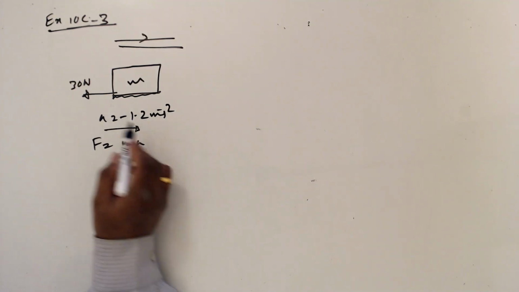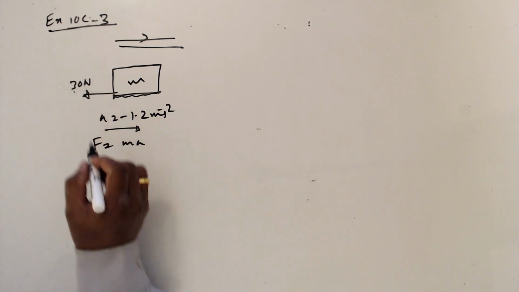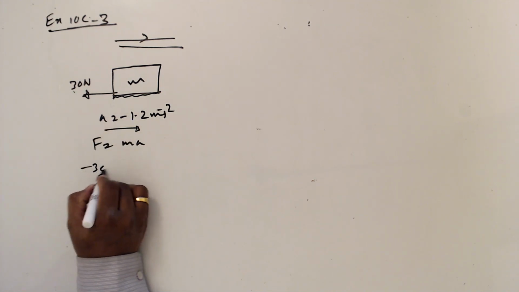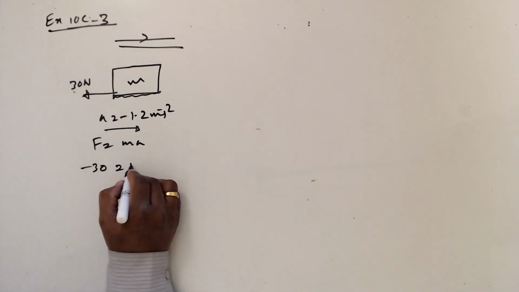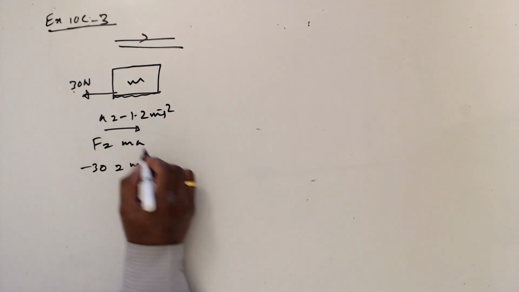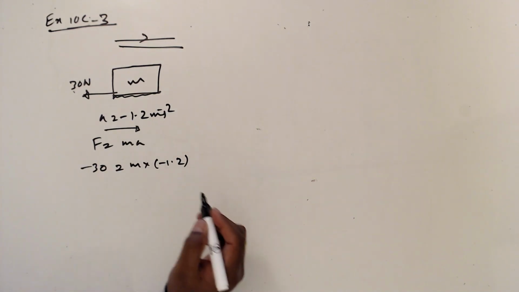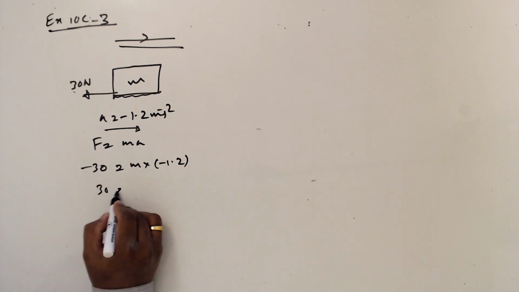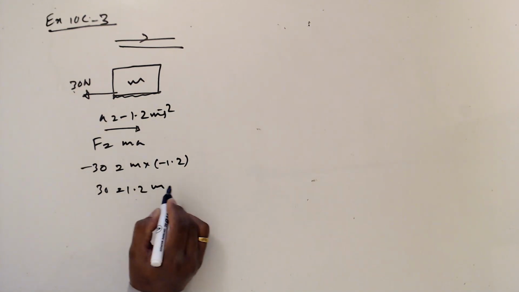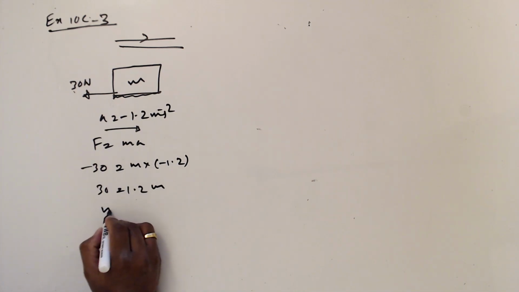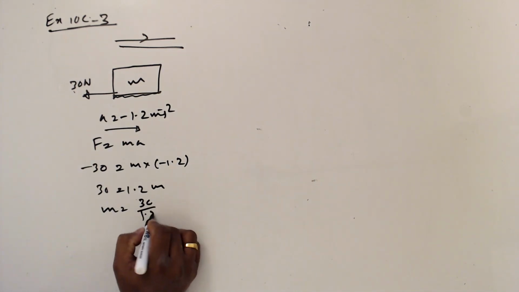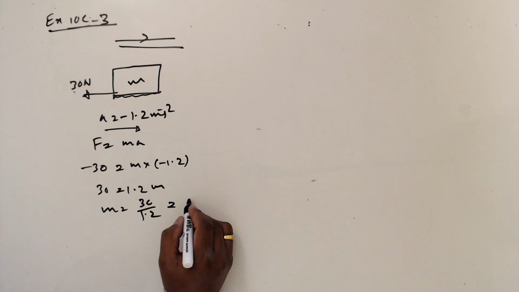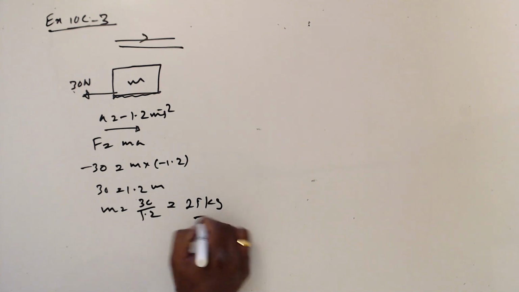So this is going to be -30 because it is in this direction. m times a is -1.2, it's a deceleration. Hence 30 equal 1.2 times m, because the minus cancels out, m equal 30 divided by 1.2. That is going to be 25 kg.